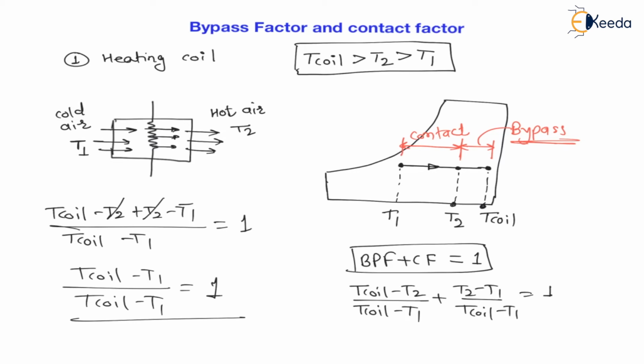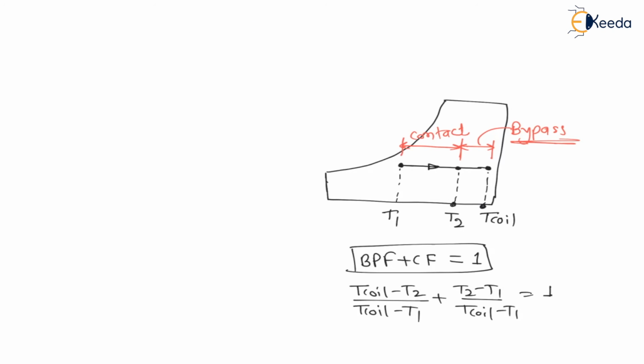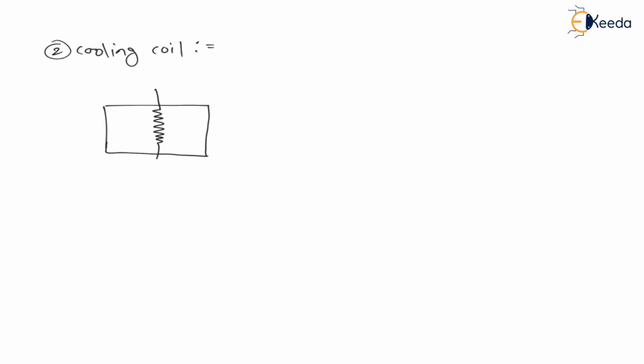Now we have understood the bypass factor and contact factor for a heating coil. Let us understand for a cooling coil. The coil can be a cooling coil also, right? So second, for the cooling coil, let us say again the air is flowing. Here we have to cool the air, therefore there will be a coil used for cooling of the air.